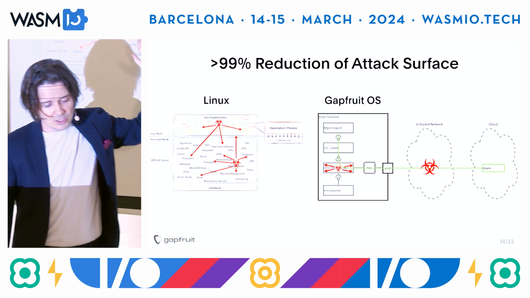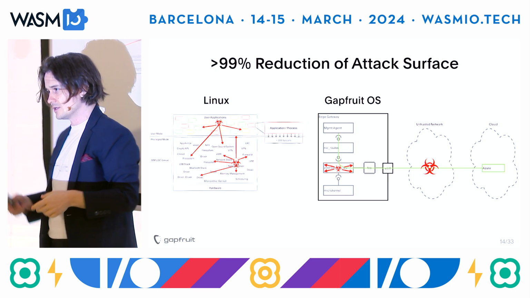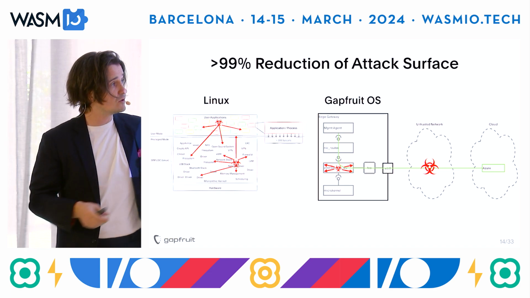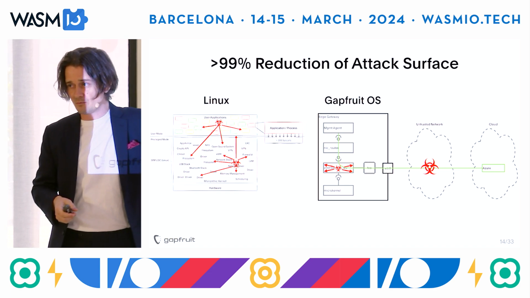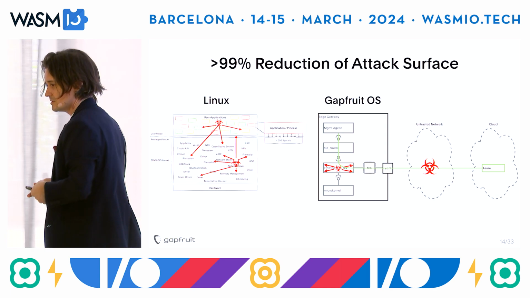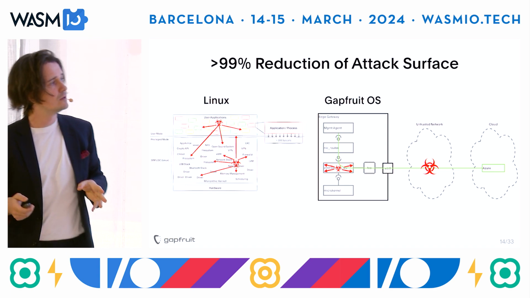So we push the trust outside to the already untrusted network. When it comes to availability, our resilience system will detect a misbehaving component and just restart it without any impact on the rest of the system.